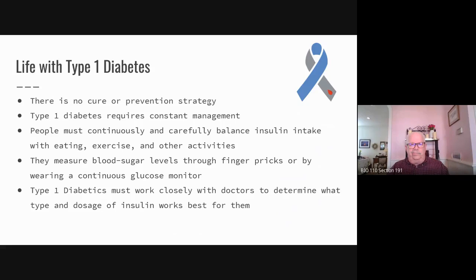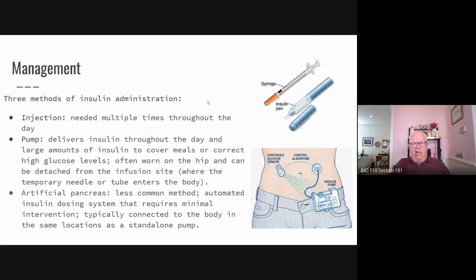There is no cure. There is no prevention. It remains constantly managed. People need to be on insulin. People must continuously and carefully balance their insulin intake with eating, exercise, and other activities. They measure their blood sugar through finger pricks or wearing a continuous glucose monitor, and they must work closely with their doctor to determine the dosage and types of insulin that they are using.